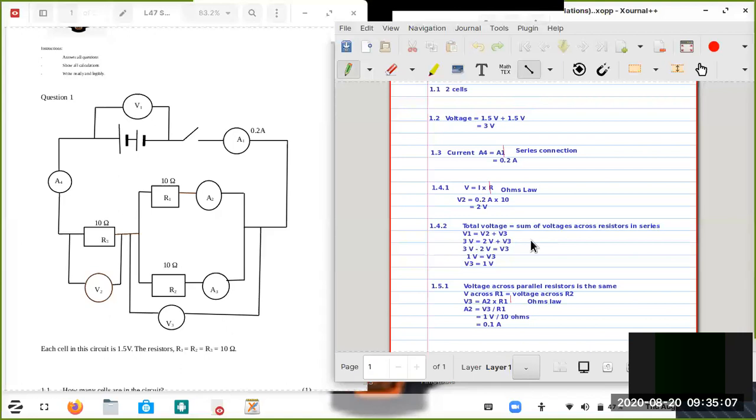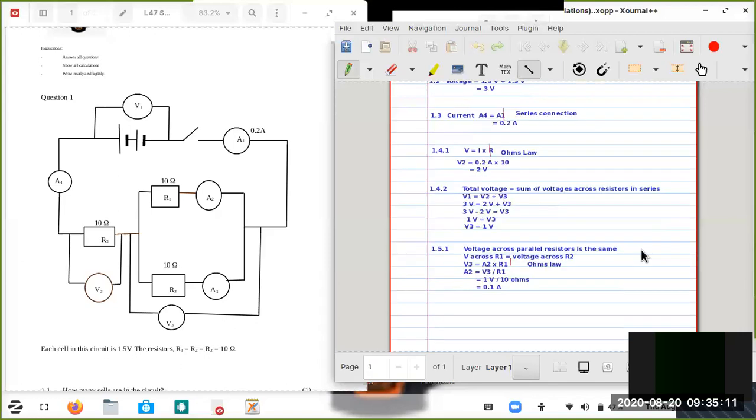Then we were on number 1.5.1. We answered that one as well. In that case, we were asked to find the reading on ammeter number 2. The idea that we use there is simply to say the voltage across parallel resistors is the same, right?